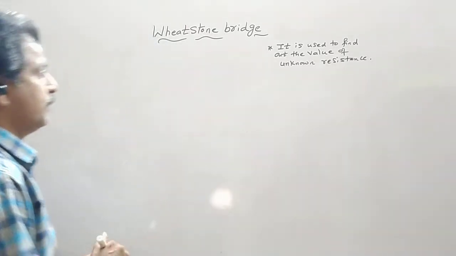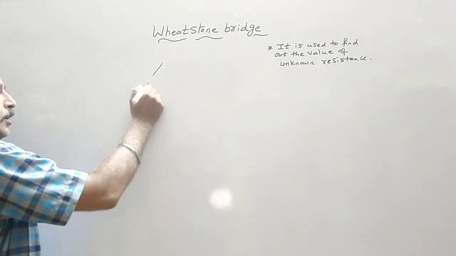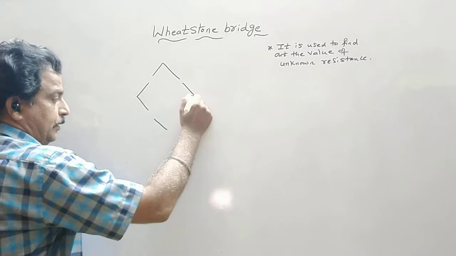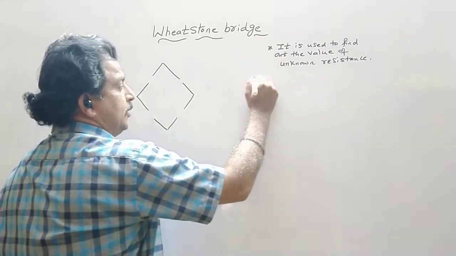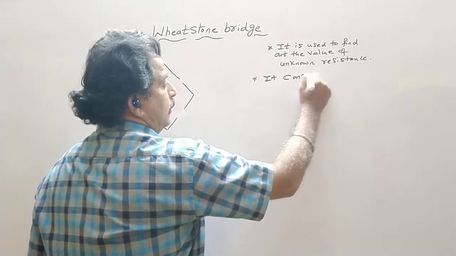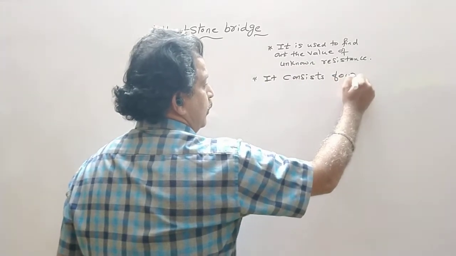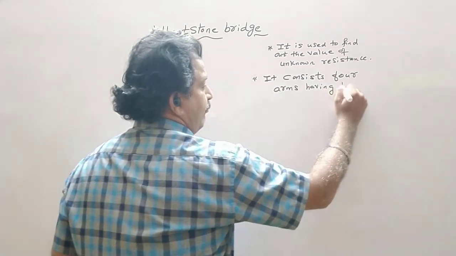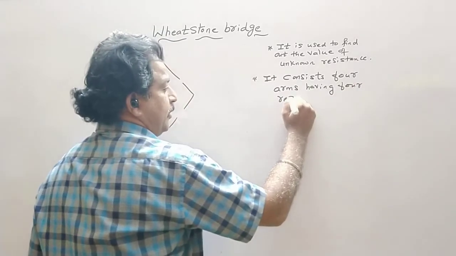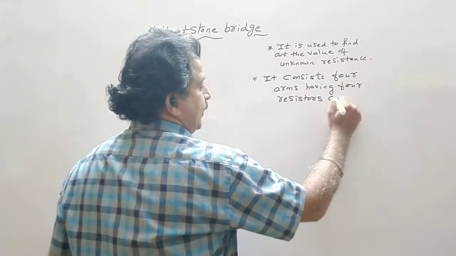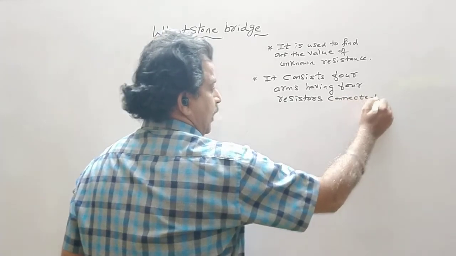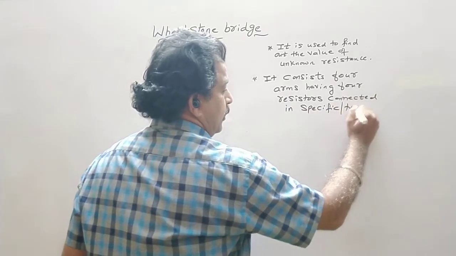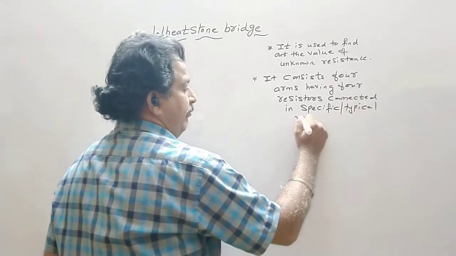Now construction. This Wheatstone bridge consists of 4 arms having 4 resistors connected in a specific or typical way.